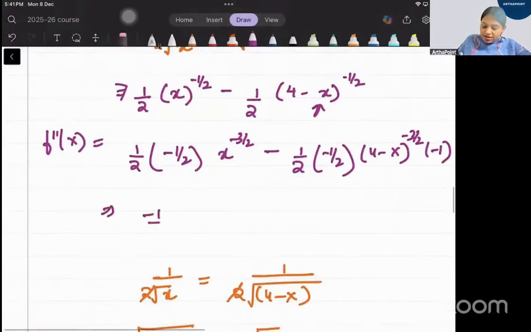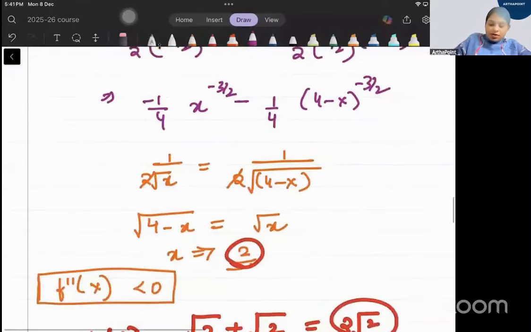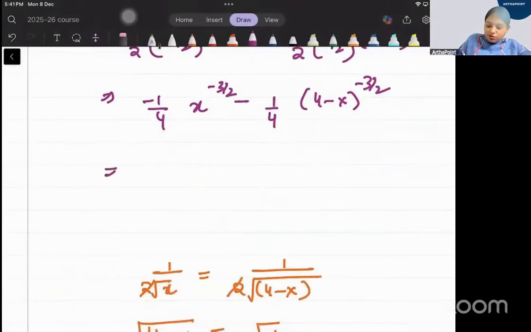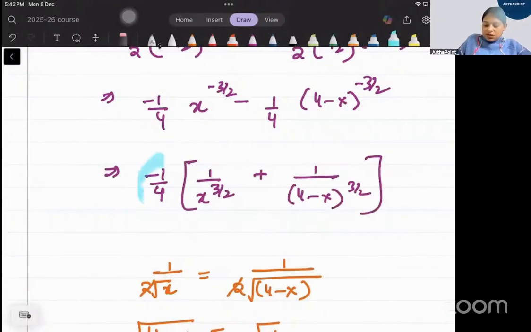So you get minus 1 by 4, x to the power minus 3 by 2. This is minus, minus, minus. So you get a minus 1 by 4, 4 minus x to the power minus 3 by 2. So there is a negative minus 1 by 4 which can be taken out common: 1 by x to the power 3 by 2 plus 1 by 4 minus x to the power 3 by 2. It's a negative, right? So less than 0.